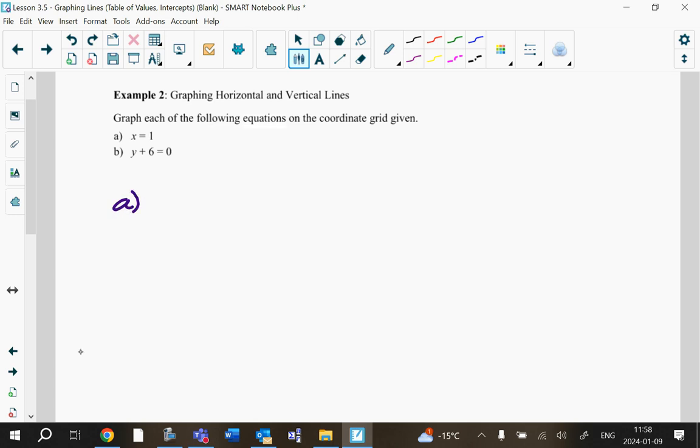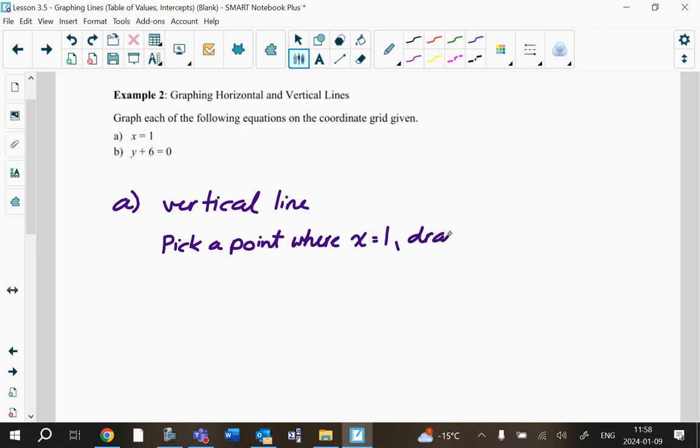This one just has an x in it. That means it's going to be horizontal or vertical. Vertical. So how do you sketch it? Well, pick a point where x is 1. Doesn't matter where. Draw a vertical line through it.